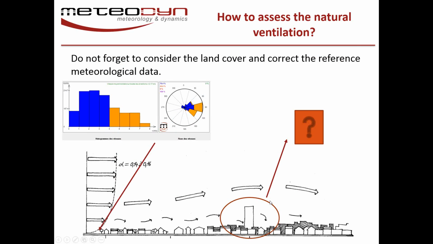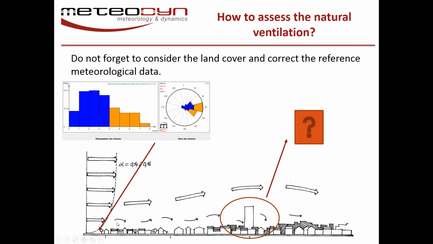First you need to get correct wind data at your project site. But what you usually get is at the airport, far away from the city. So it's completely different. The behavior of the wind is different from here in the urban area, because here you have high mean speed but low turbulence intensity, whereas in the urban areas you will get the opposite: high turbulence intensity and low mean speed.